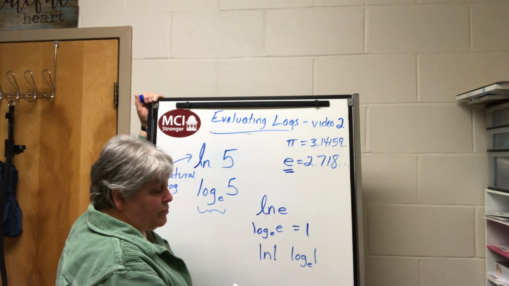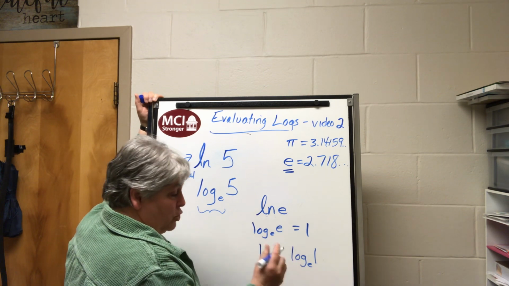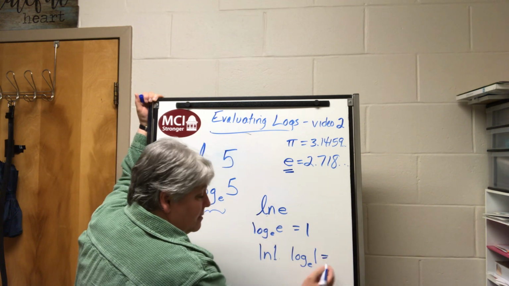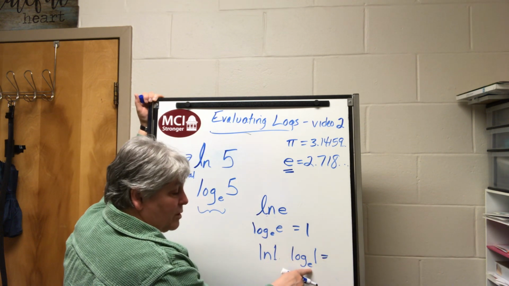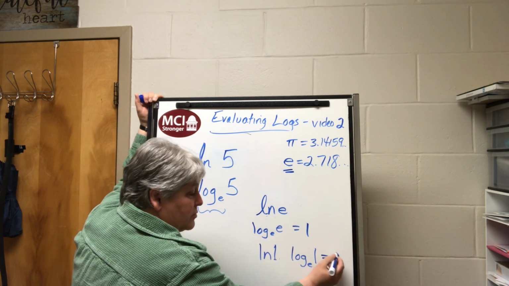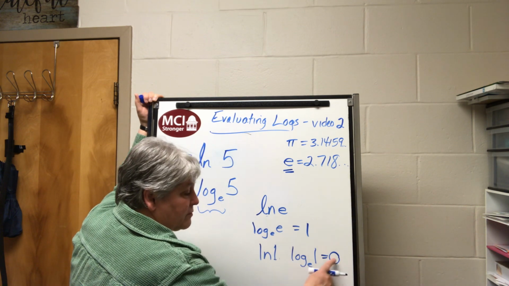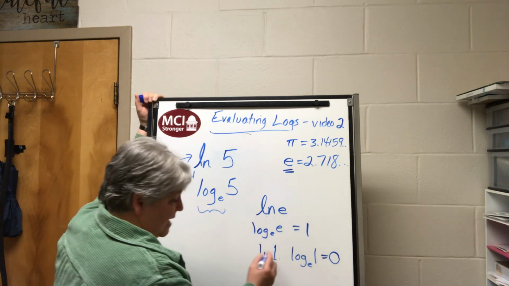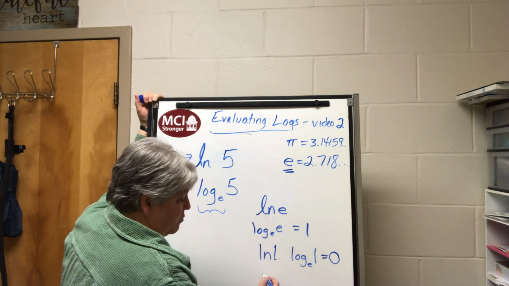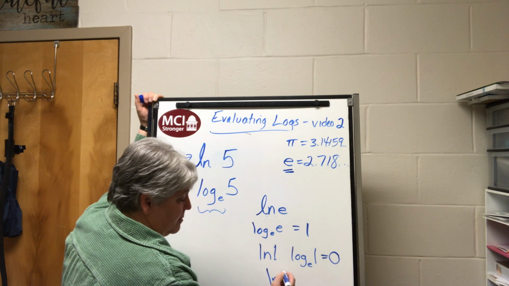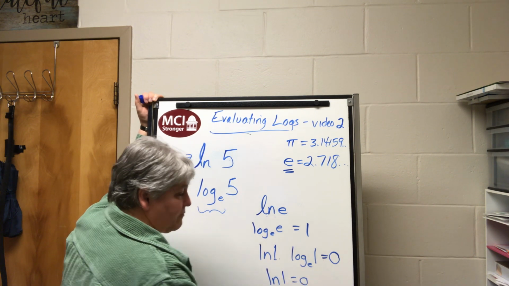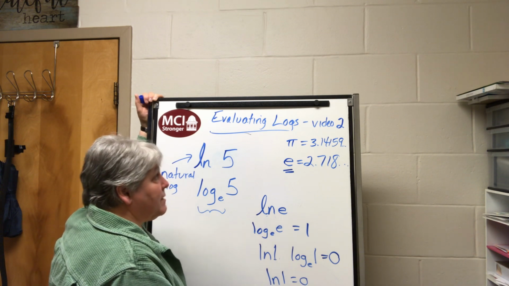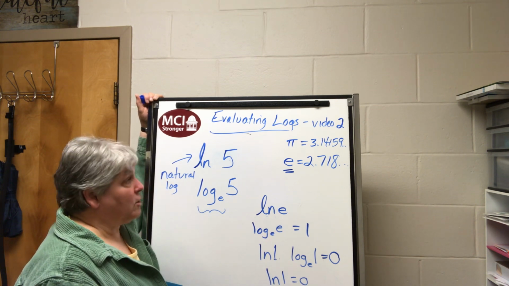What power do I raise 2 to get a 1? Do you remember the property we learned last video that said the log to any base whatsoever of 1 is always 0, since anything to the 0 comes out to be 1. So again, ln of 1 would equal 0 for the same reason as the rule we had the other day. That concludes video 2 on logarithms.